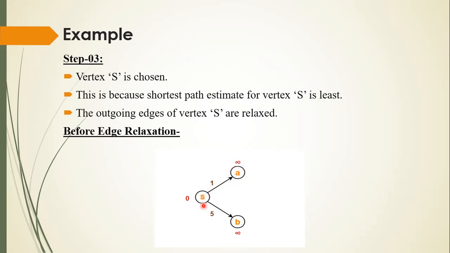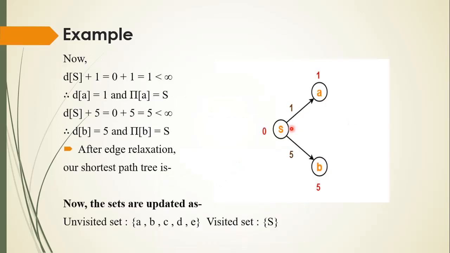For B, 0 plus 5 is equal to 5, which is less than infinity, so infinity is replaced by 5. So D of A is equal to 1 and pi of A is equal to S, the source. So we write 5 over here.